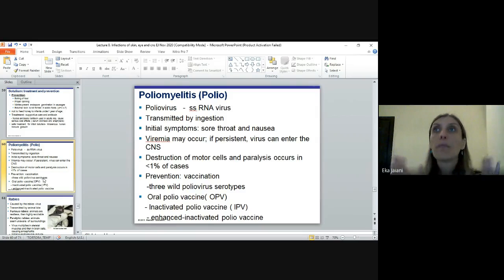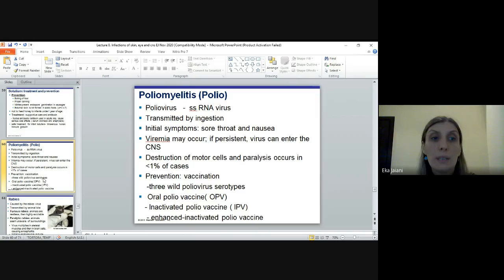But in the past, polio infected a huge portion of the human population. Also, many people developed paralytic polio, and they had problems with walking, they had problems with bone development, and many people remained in wheelchairs, where some people had one leg shorter than another.